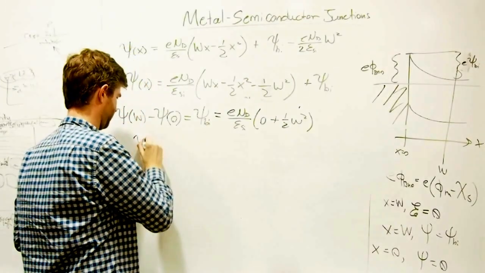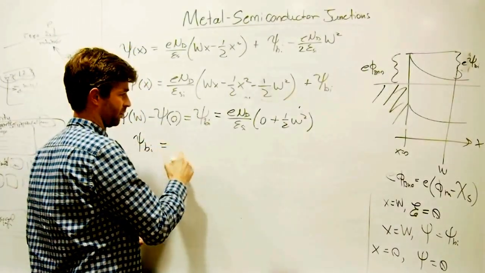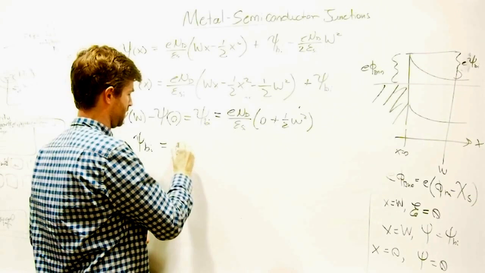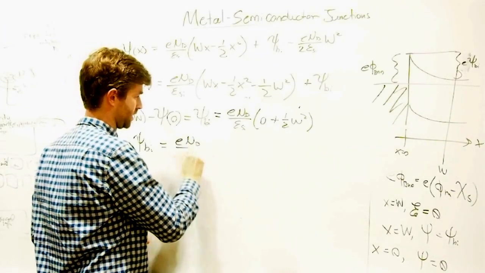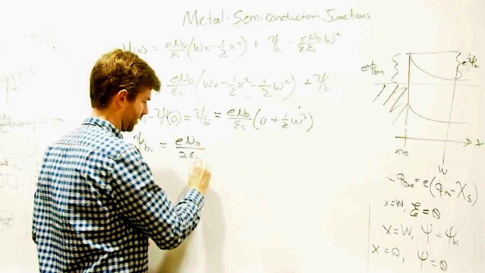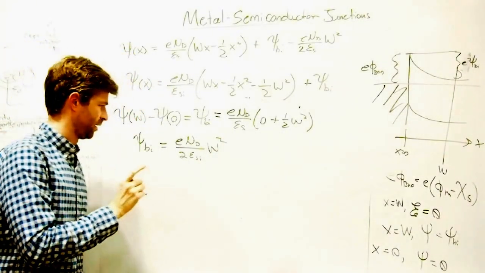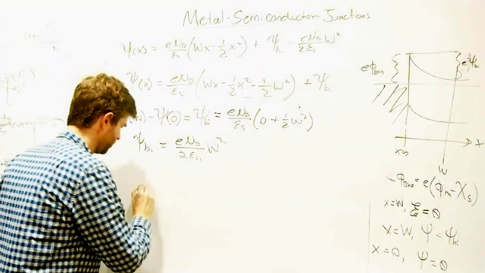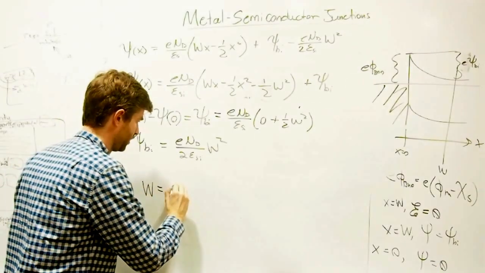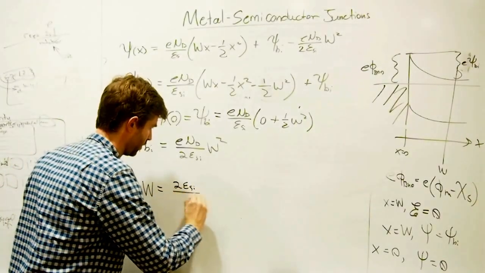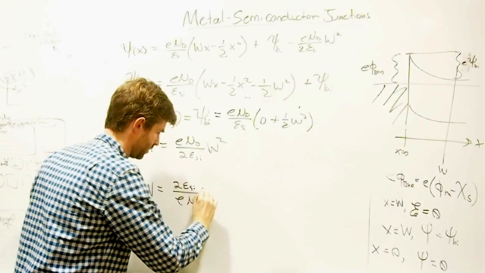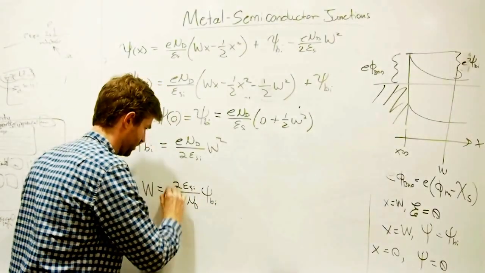And we find that our built-in potential is equal to E N_D over 2 E silicon W squared. And so that means if we solve for our depletion width W, we get the square root of 2 E silicon over E N_D psi bi.